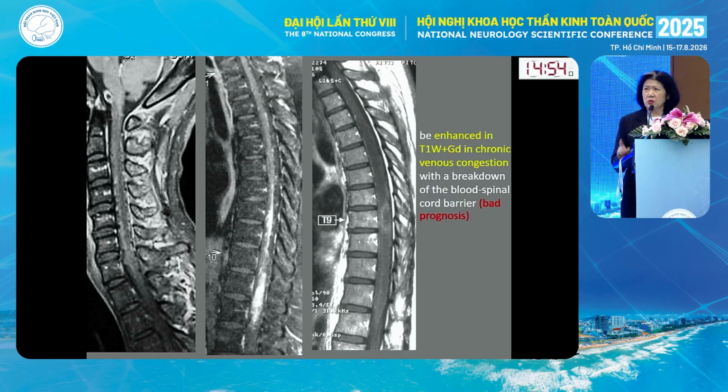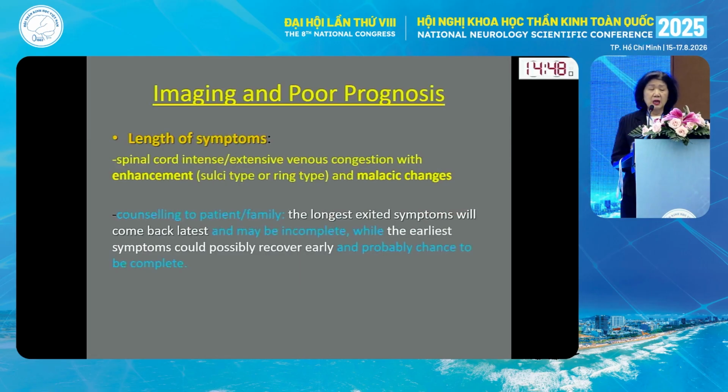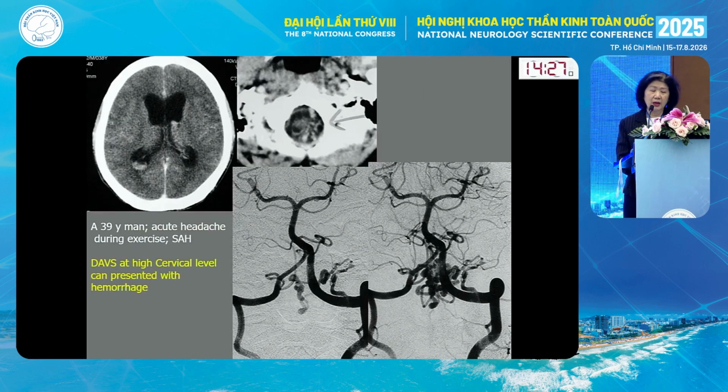There is a good correlation between enhancement and poor prognosis, because the length of the symptoms is related to this enhancement. So even if you can finally treat the patient to the curative stage, the signs and symptoms may not come back to normal. It's a bad sign when you can have focal myelomalacic change of the spinal cord.